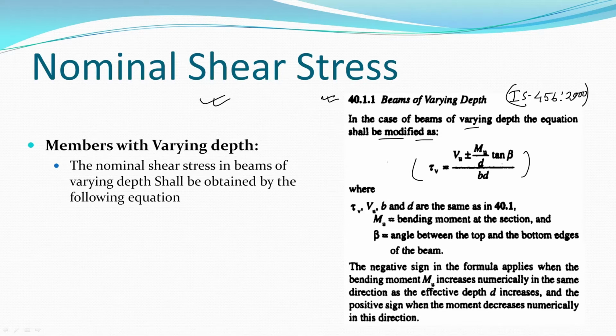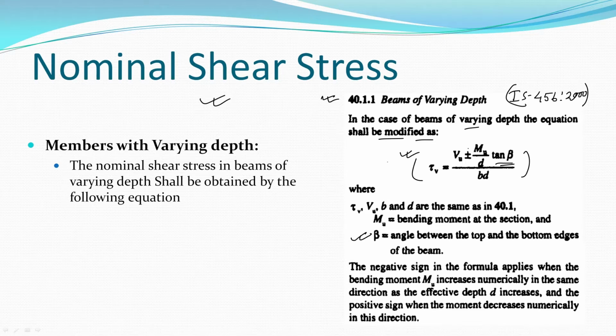Now there is another term, that is tan beta. What is beta? It is the angle between the top and the bottom edge of the beam. So if we have variable depth, we just need to put the value of beta over here, and we will get the value of tau v.